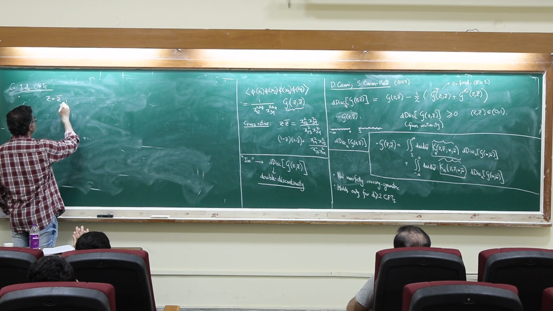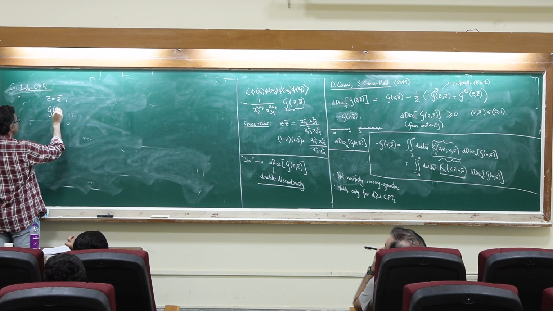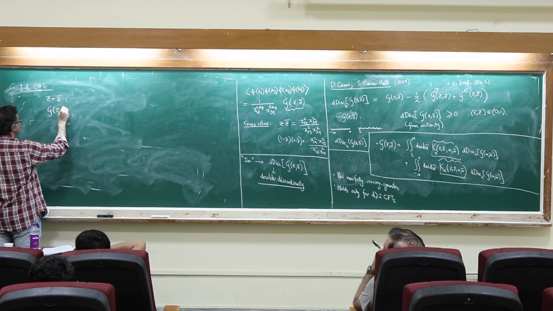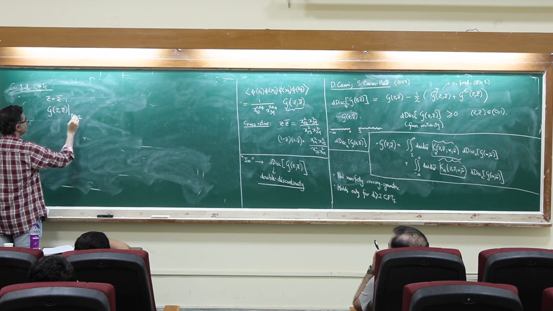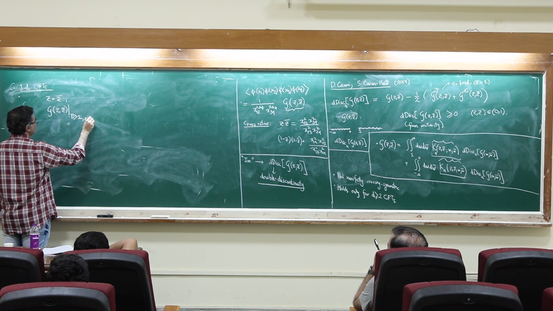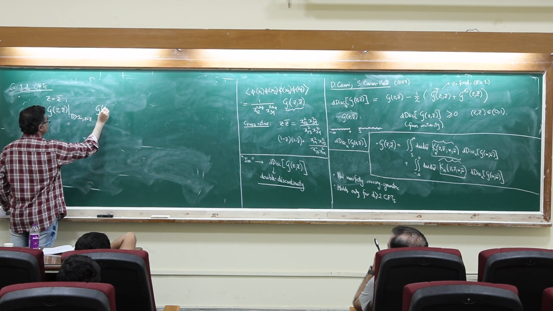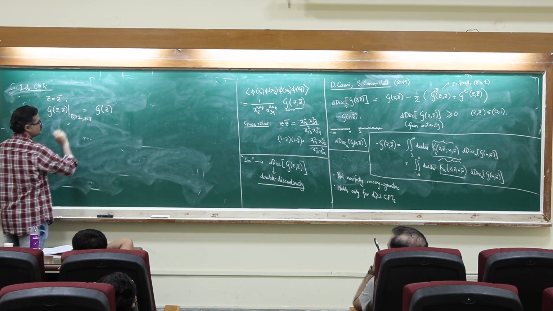Then with this restriction, any 4-point function in a d greater than 1 CFT at z equal to z bar is going to become a function of only one cross ratio.